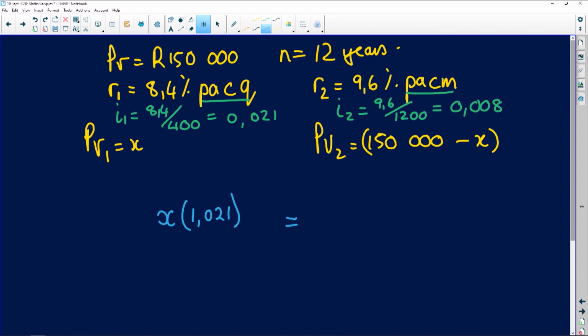So there's 4 quarters in a year, so there's 48 quarters in 12 years. On the right-hand side, 150,000 minus X. We are investing at 1.008, and this is done per month, so the power will be 144.